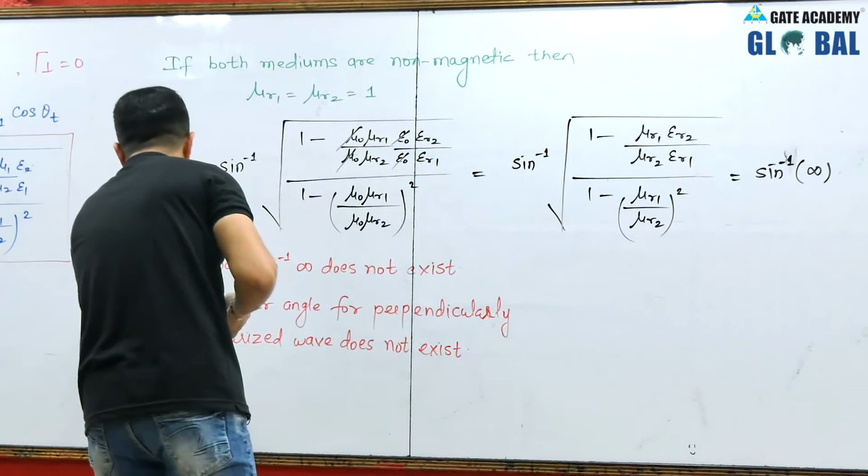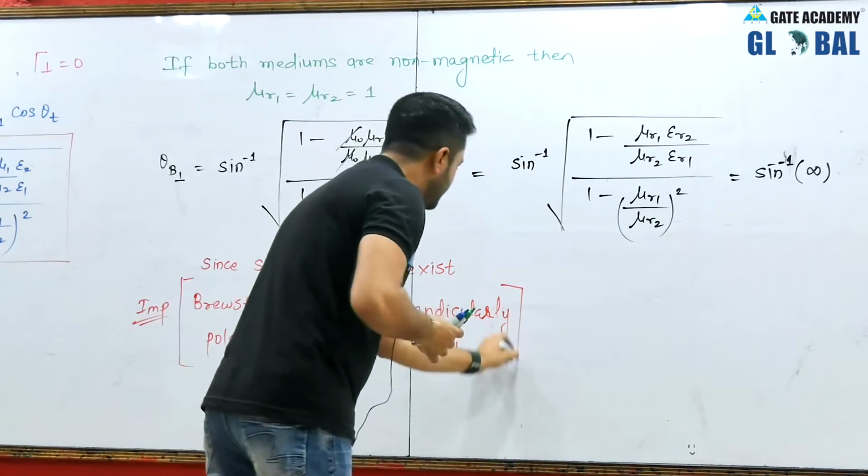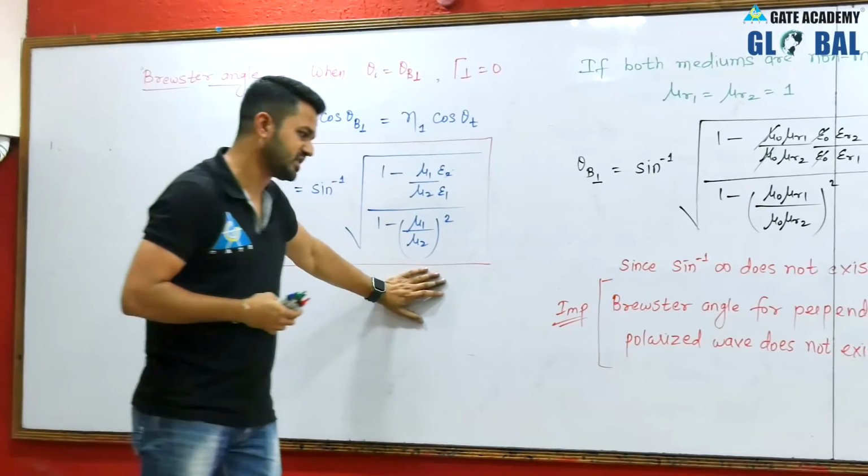This is the important point: for a parallel polarized wave the Brewster angle exists, and for a perpendicular polarized wave the Brewster angle does not exist.